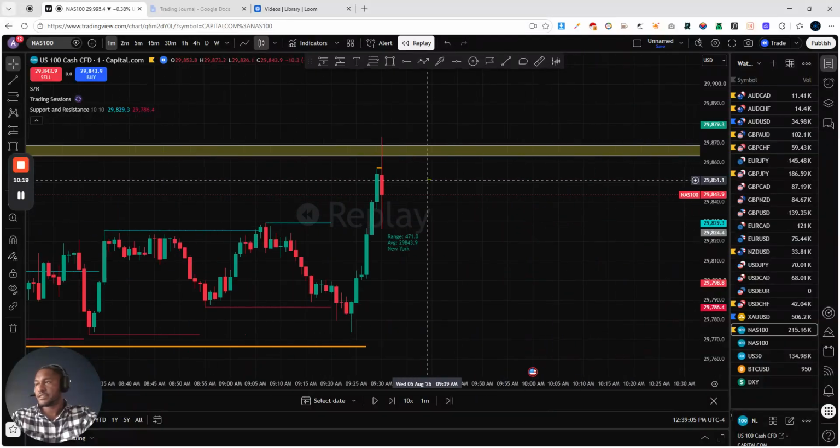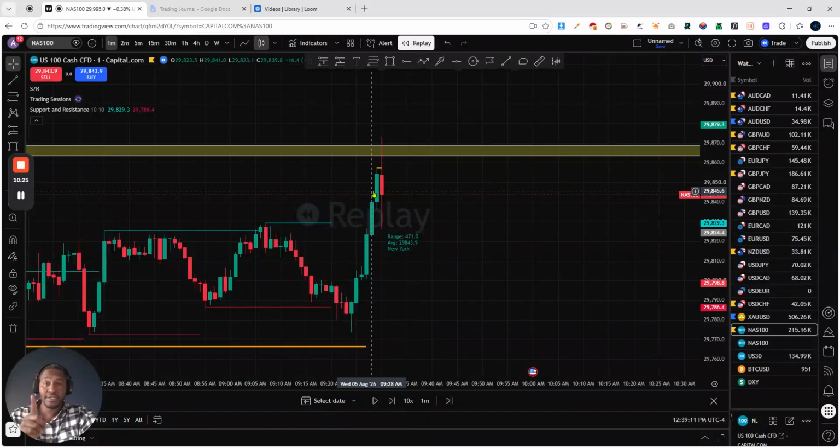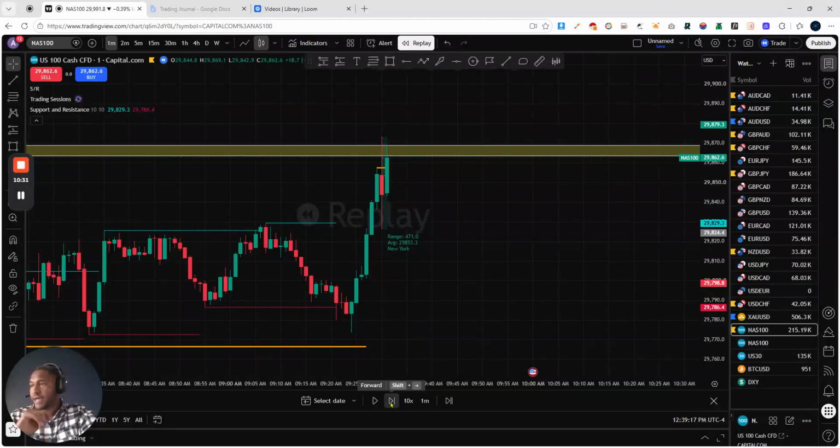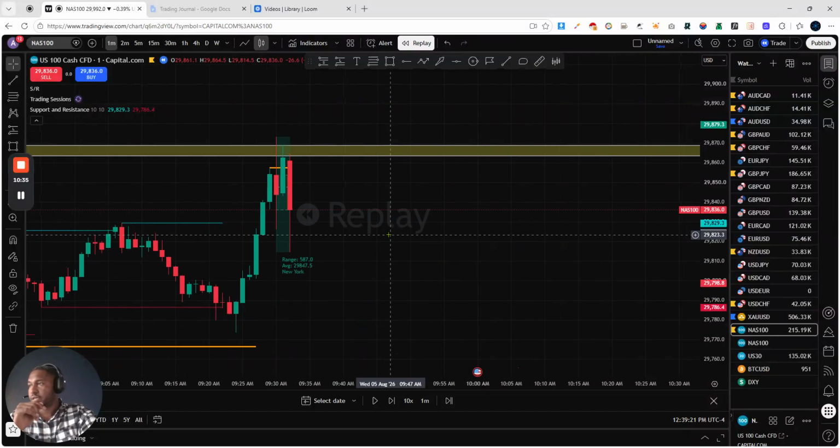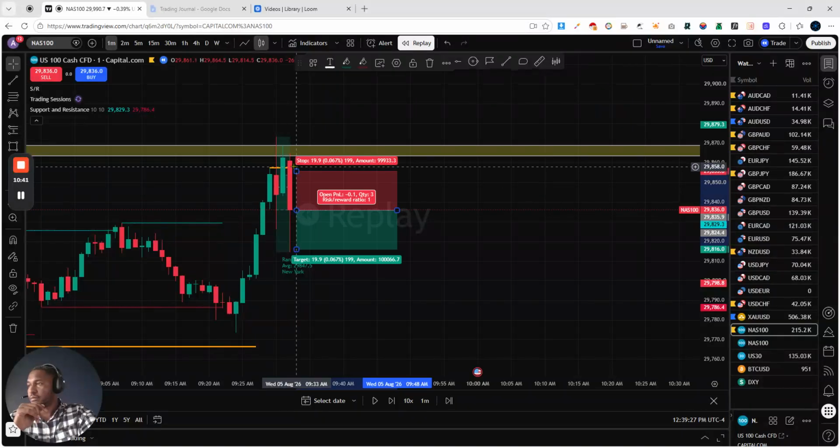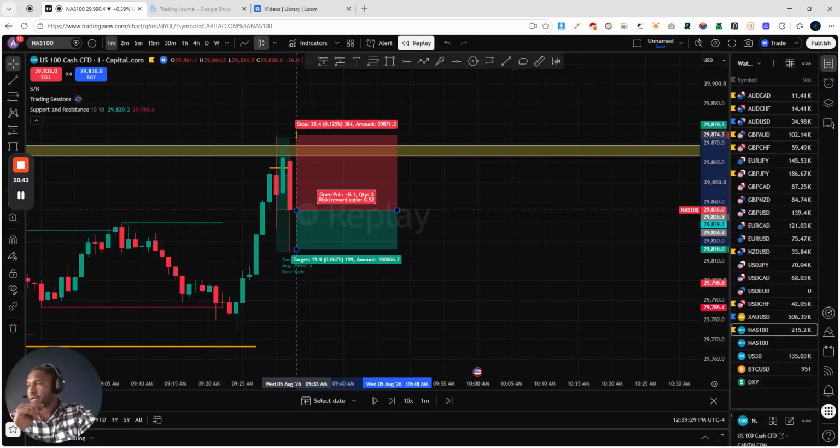At this point, we got a rejection candle, but we didn't get an engulfing candle, and that's one thing I am going to demand from NAS. I want a rejection candle. I'm not going to get in off this candle, because of what can happen. My rejection candle, there it is. So at this point, I would go short. I'll put my stop loss here.